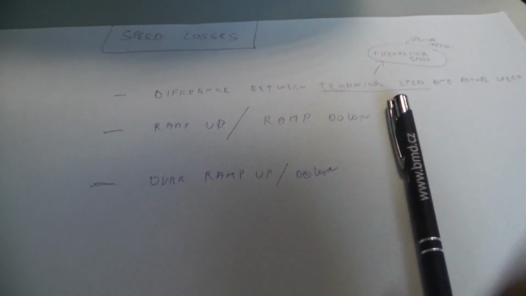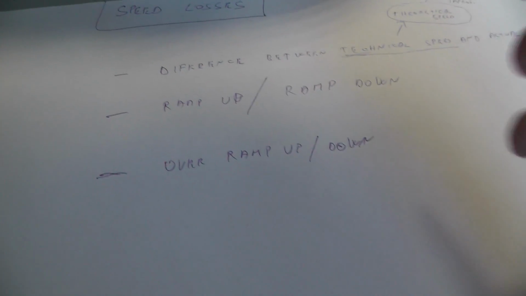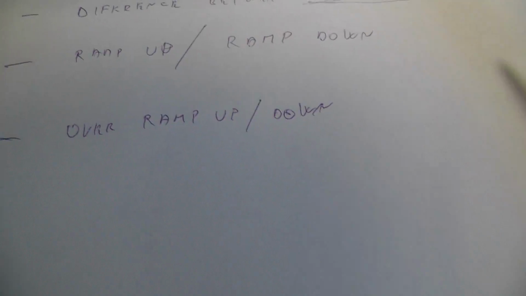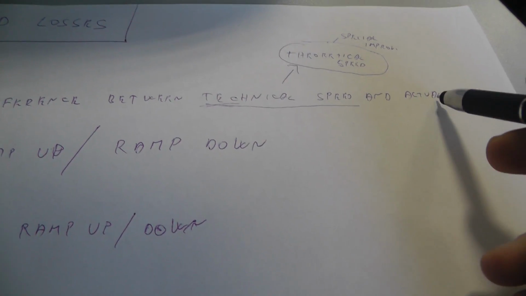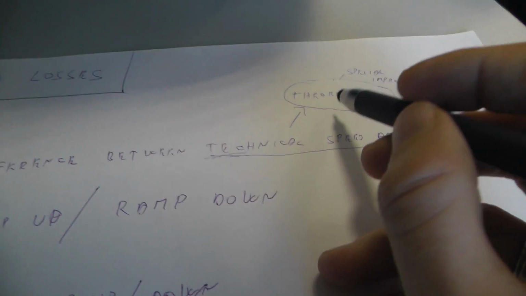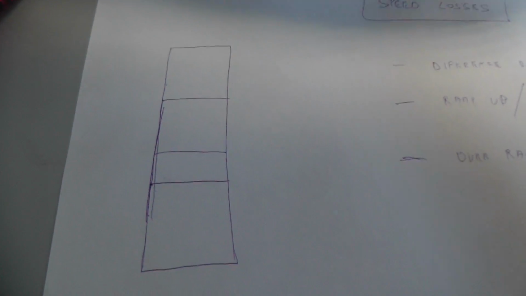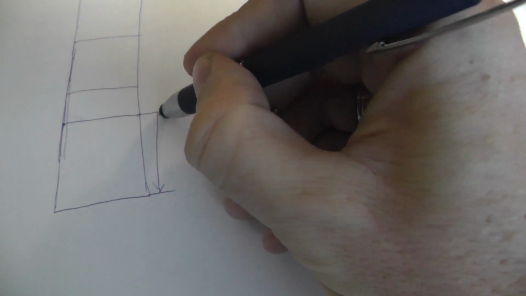Now I would like to show where is this actual speed, where is technical speed, what is theoretical speed. So we can see here this field is actual speed.